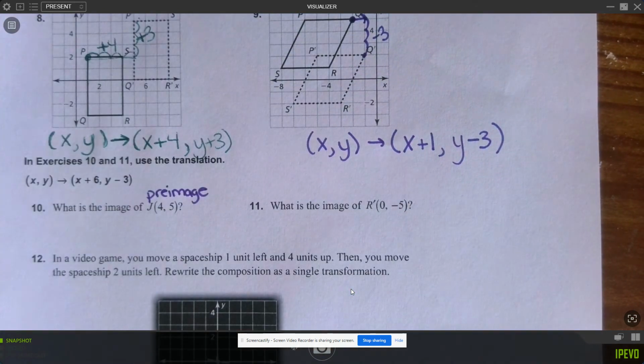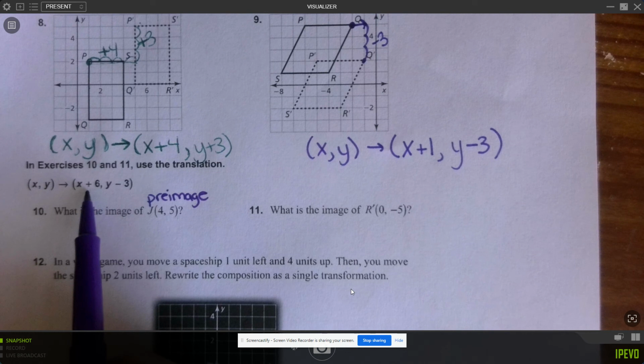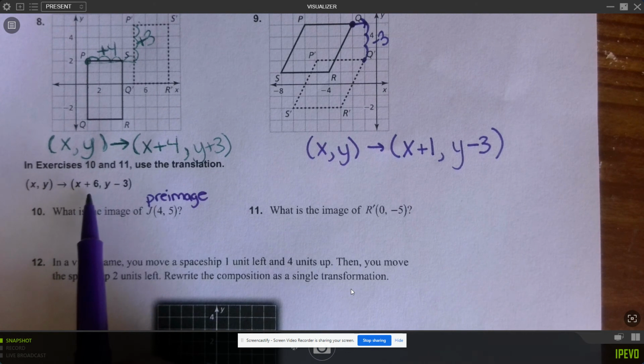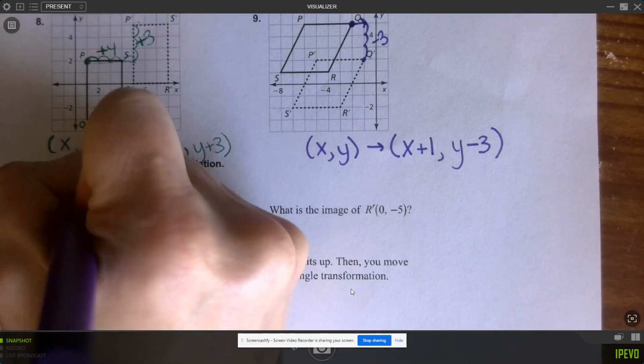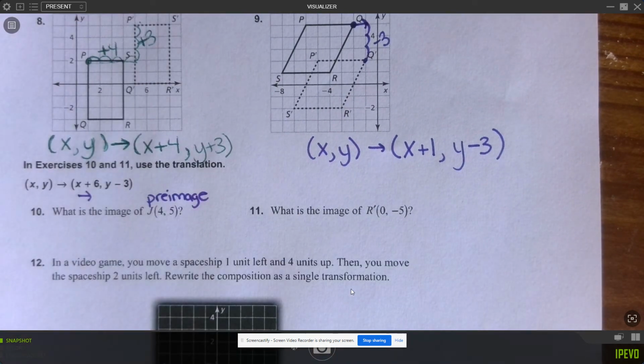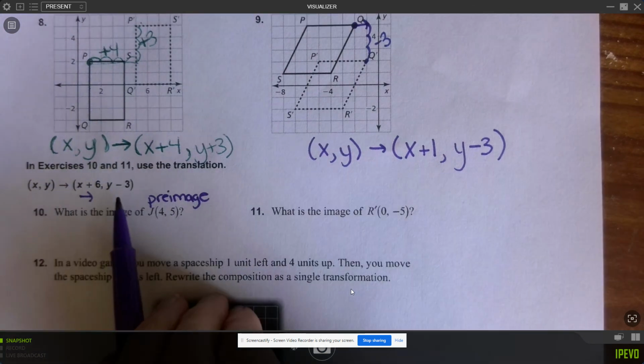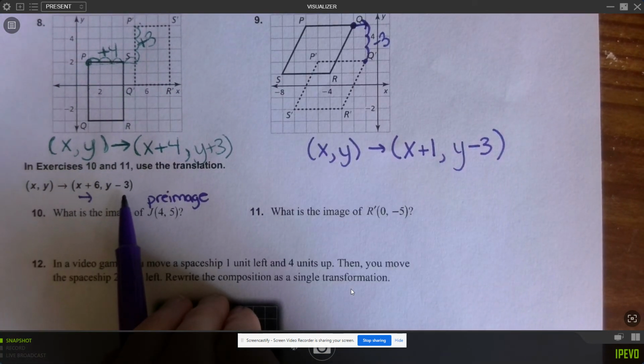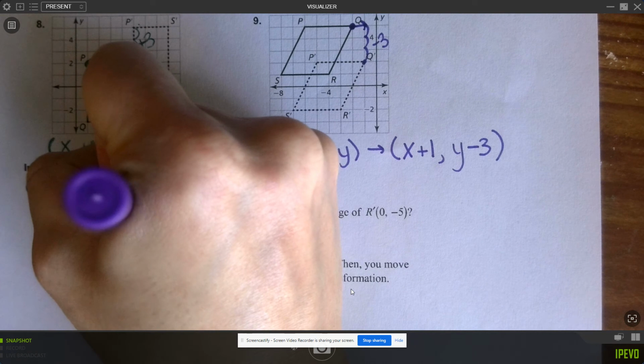And we're going to take this point and we're going to shift it using this rule. So remember, when we add 6 to x, that is a horizontal component of 6 to the right. When we subtract 3 from the y coordinate, we're moving it 3 down.